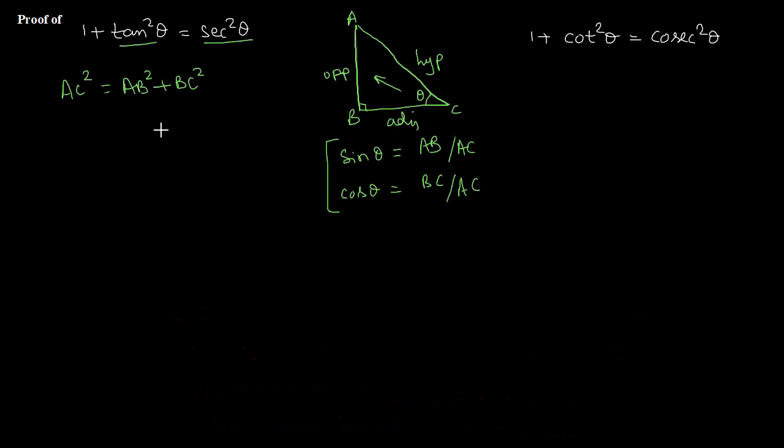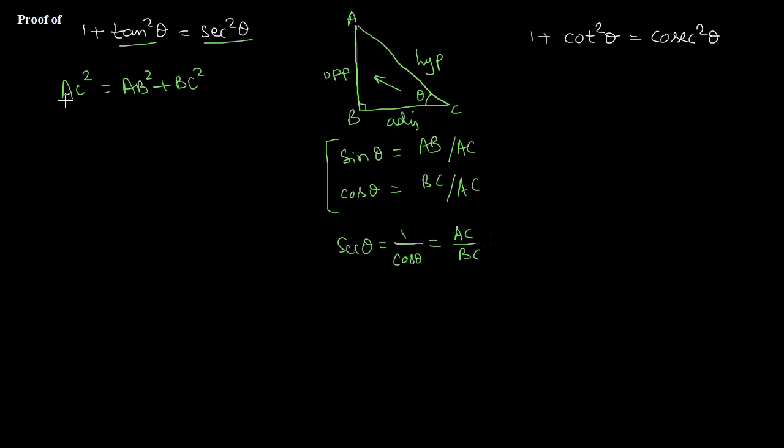AC square equals AB square plus BC square. So now let's see, if I am going to write the ratio for secant, secant theta is equal to 1 by cos theta, which is the reciprocal of this, which is going to be AC by BC. Here we have secant square theta, so that means I should be able to get AC square by BC square.